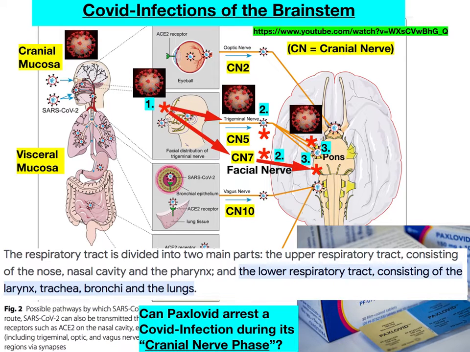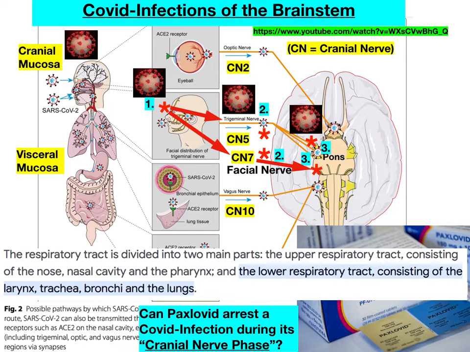An important issue from a medical perspective: taking swabs of the oropharyngeal cavity or the back of the nasal cavity, the adenoids, only gives a very superficial view of a propagating COVID infection, namely the mucosal phase. It's not surprising that the mucosal infection is cleared within 5 to 10 days.